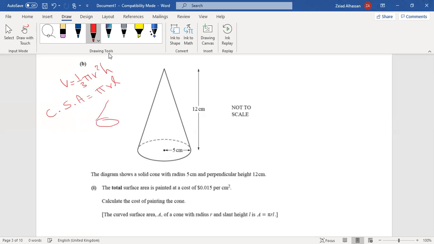If this is the cone, the radius is r, and this is your L, which is the slant height. Slant height, not the perpendicular height.